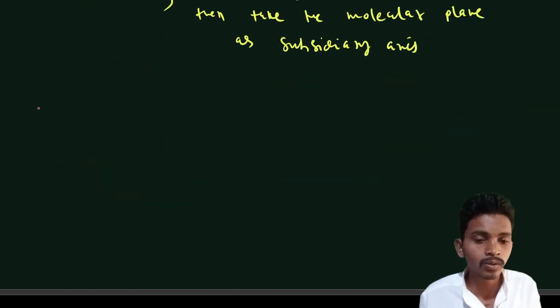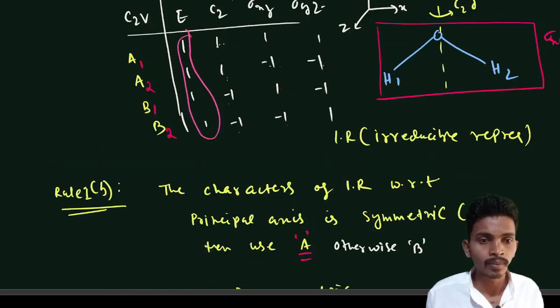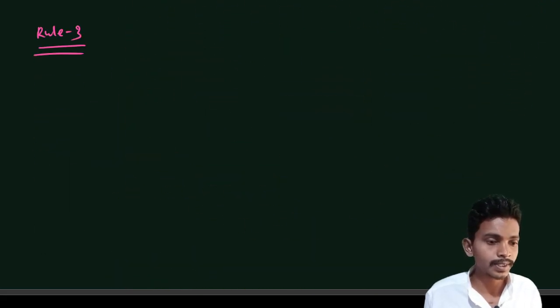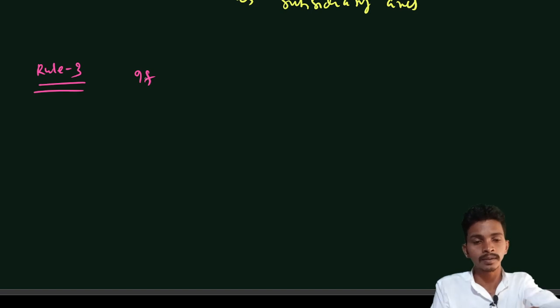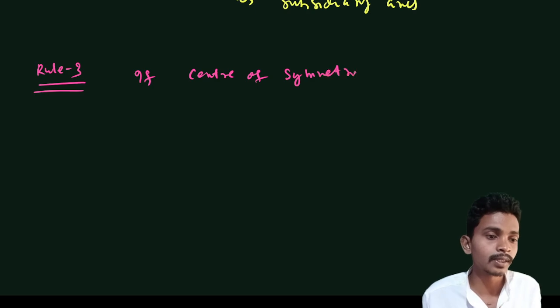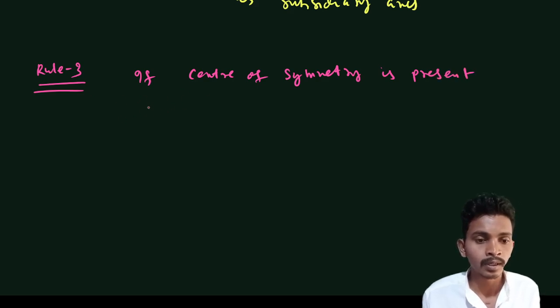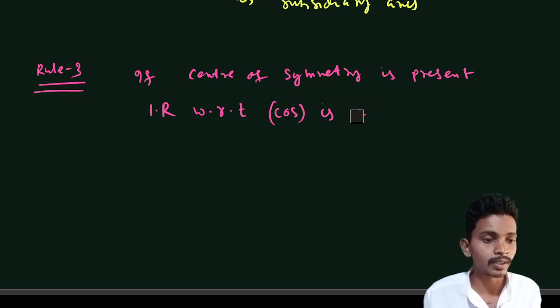So for the rules we have to follow rule 3. What does rule 3 say? Rule 3 says if the center of symmetry is present in the group, then the irreducible representations with respect to the center of symmetry are symmetric or asymmetric.